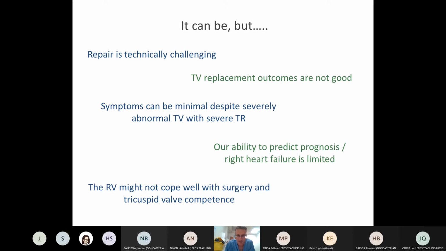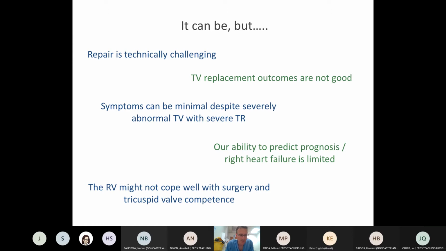So it's difficult to predict prognosis or the incidence of right heart failure, although of course what we do know is that as patients get older, we see them run into more and more problems. And the RV has had very long-standing severe tricuspid regurgitation and may not cope well with surgery.